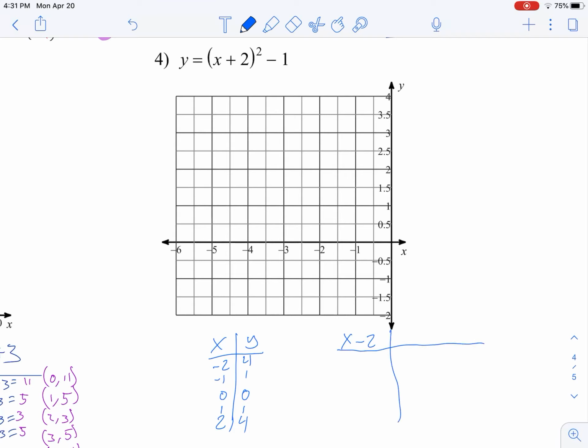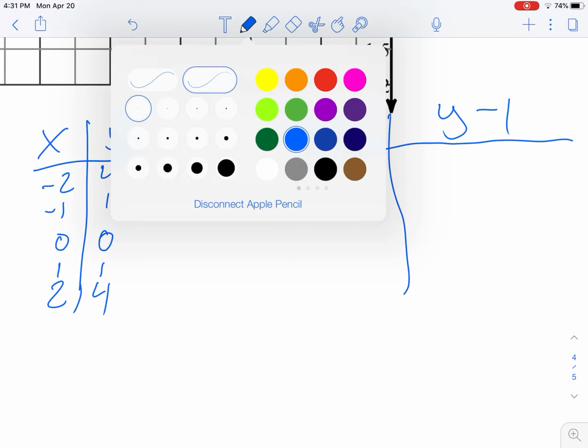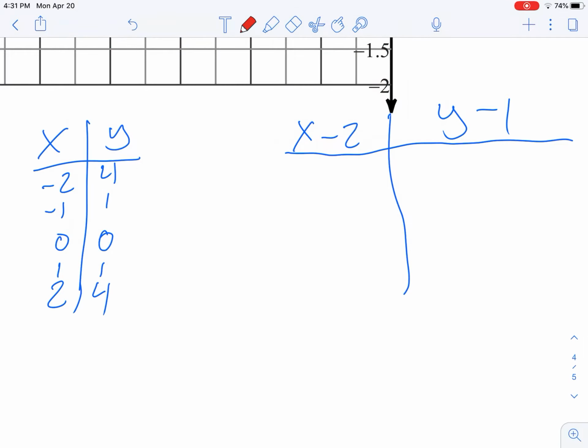And then there's nothing multiplying with y out front here, so it's just a regular old y, and then we are going down 1, so it's -1. Because our x's influence is left and right, our y's influence is up and down. So if we're being stretched, it's stretching the y, not the x.